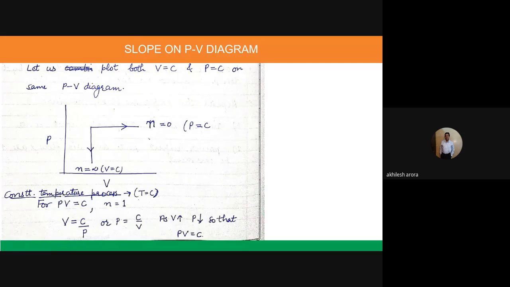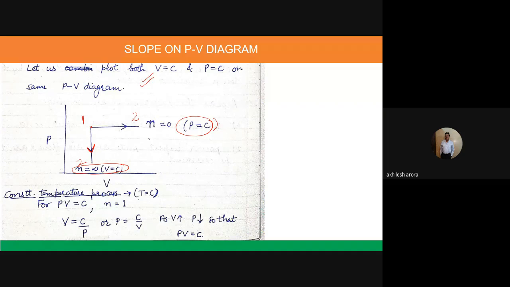Now we have known about the constant volume as well as the constant pressure process on the PV diagram. If I am starting from point number 1, I am going here. It is the constant pressure process because n is equal to 0. If I am going from point number 1 to 2 in the vertical direction, I know that the slope is n equal to infinity.